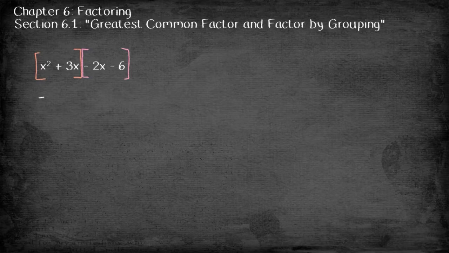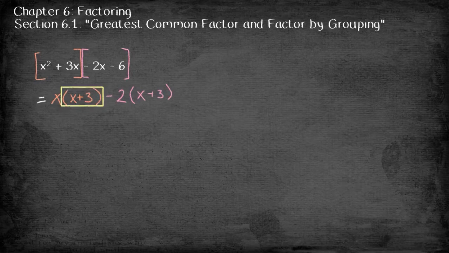If we factor out an x from what's in the orange brackets, I would have x times x plus 3. Generally speaking, if all of the terms are negative in an expression, we want to factor out that negative. If we factor out that negative as well as the 2, everything is positive. Now we're back in familiar territory. What's left over is x minus 2.